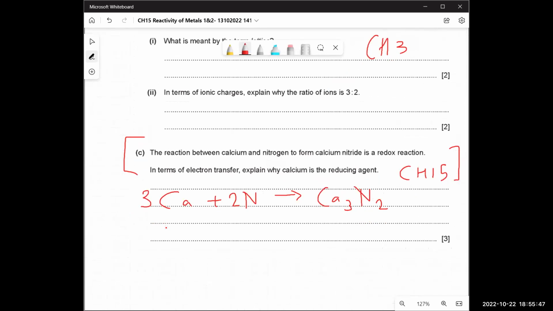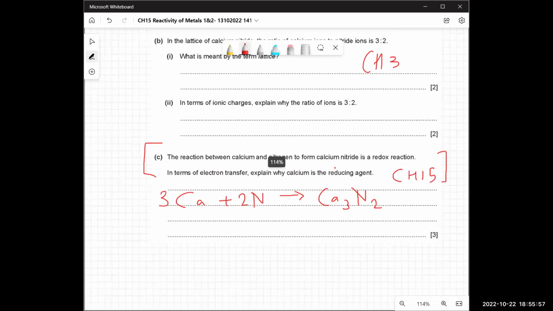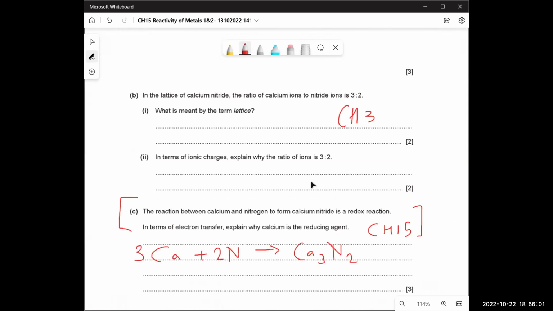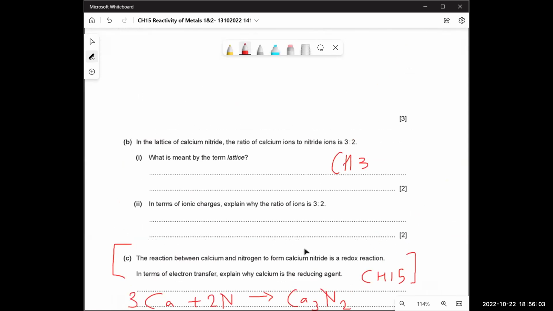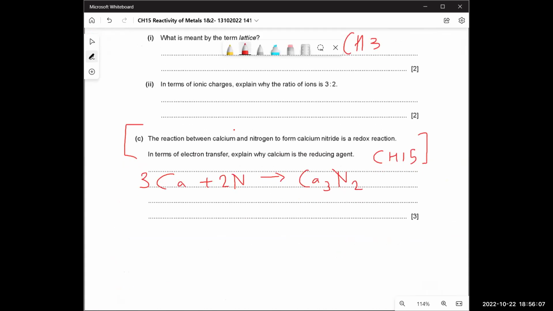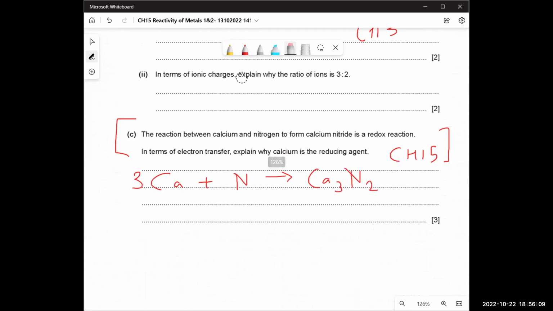That's a balanced equation. Now this is the equation which they have given you. Sir, shouldn't we write it as N2? Yeah, we should write it as N2.